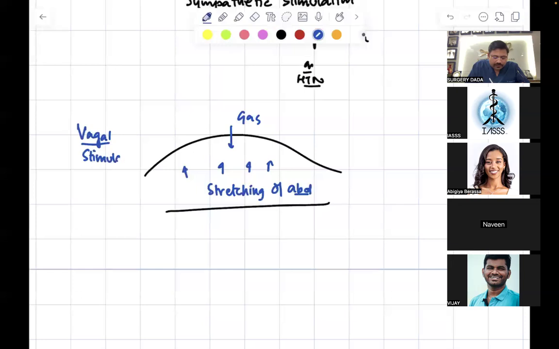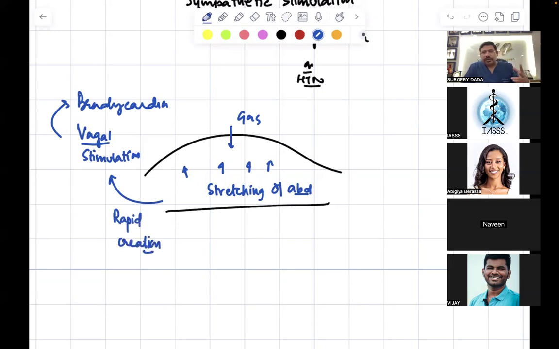Vagal stimulation can result in bradycardia, and this bradycardia can be a cause of cardiac arrest. So remember, when are you at risk of this vagal stimulation? Whenever there is rapid creation of the pneumoperitoneum. If you see my videos, I usually take 1 to 2 minutes or maybe 3 minutes to insufflate. Why? Because slow and steady creation of pneumo helps me prevent this vasovagal collapse of the patient.